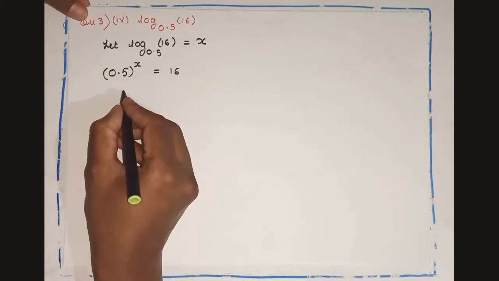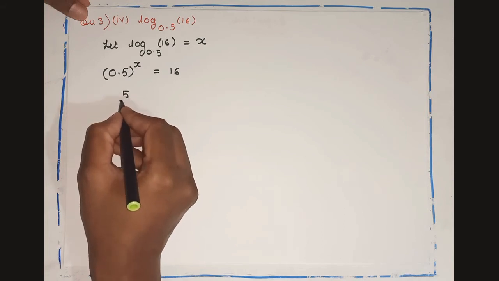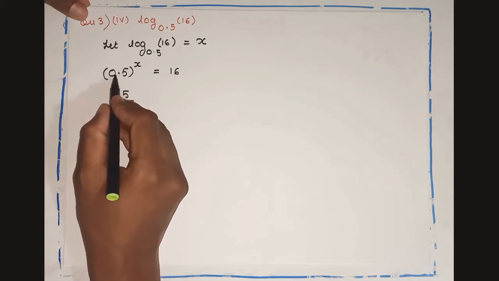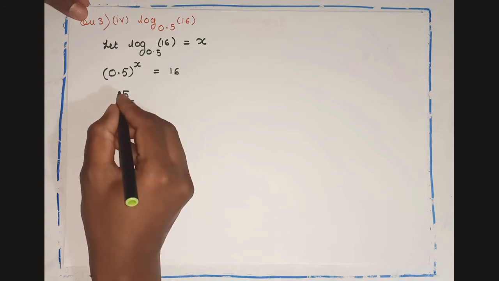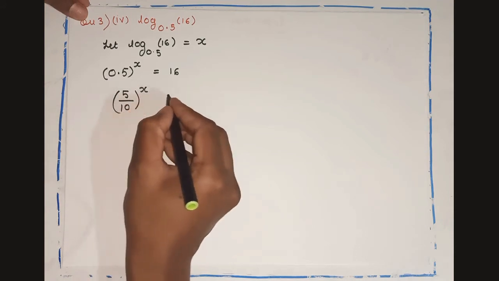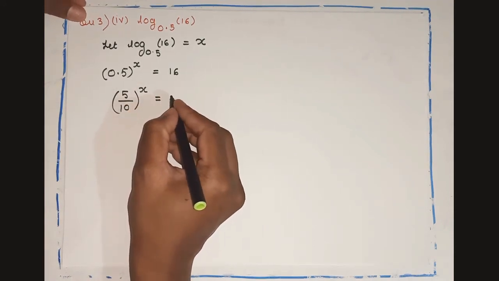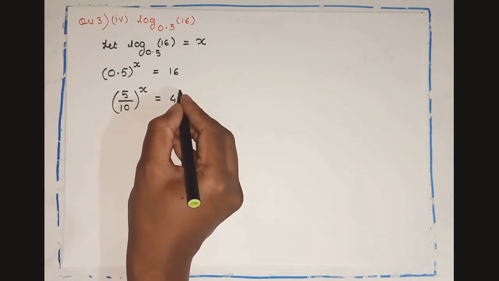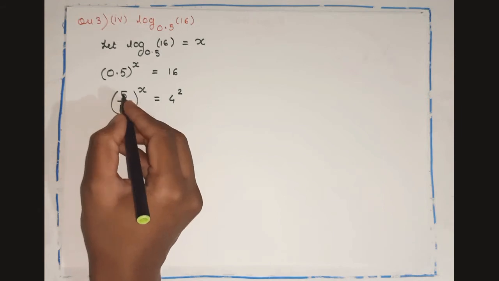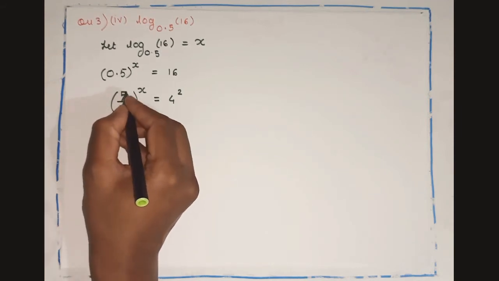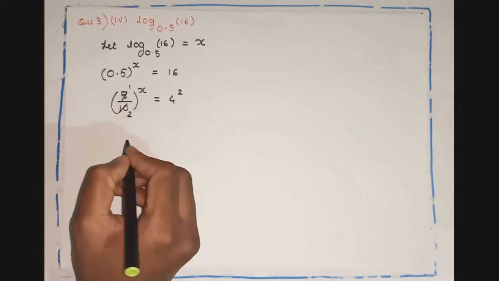Now 0.5 I can write as 5 upon 10, to the power x equals 16. 16 means 4 square. Now here 5 ones are 5, 5 twos are 10, means half.